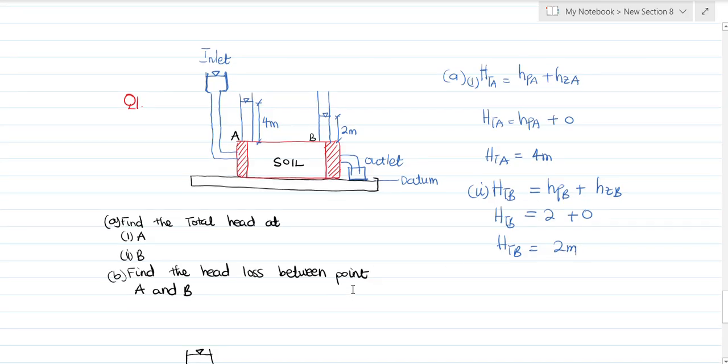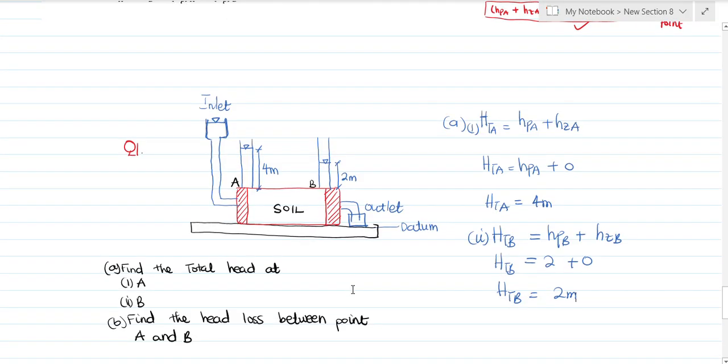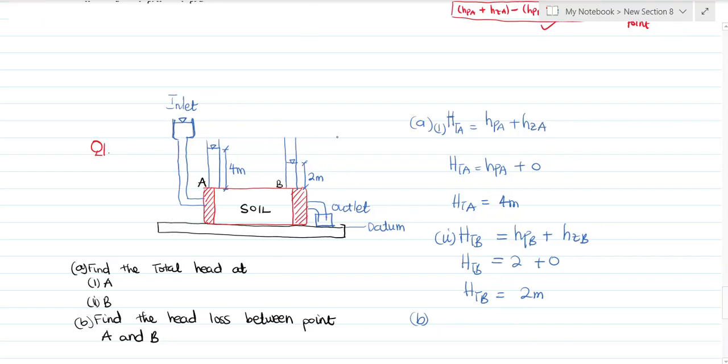Then we come to the head loss. The head difference between A and B is equal to the total head at A minus total head at B, right?